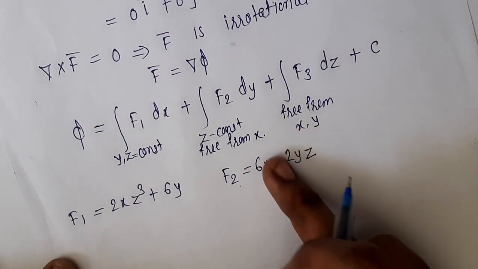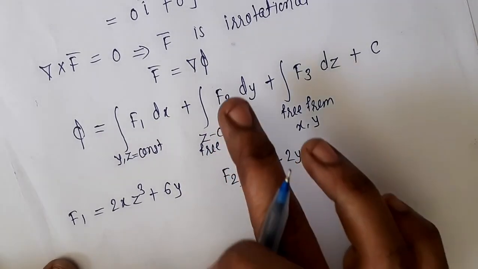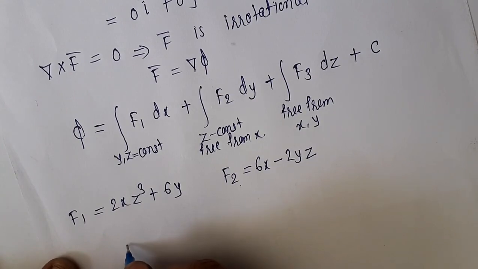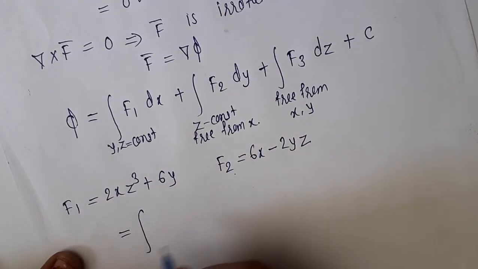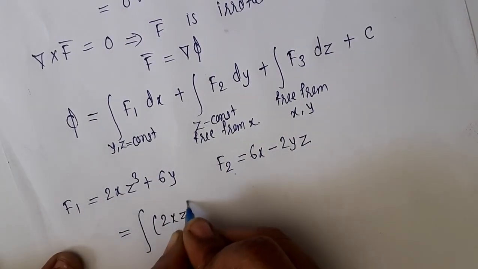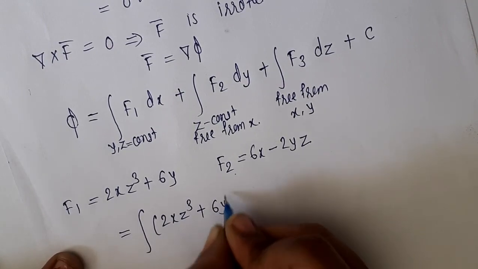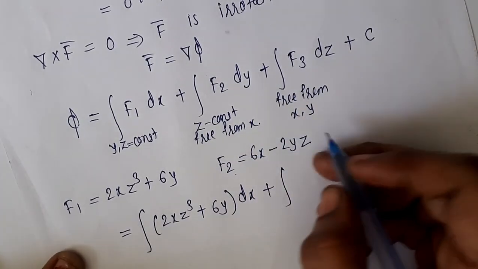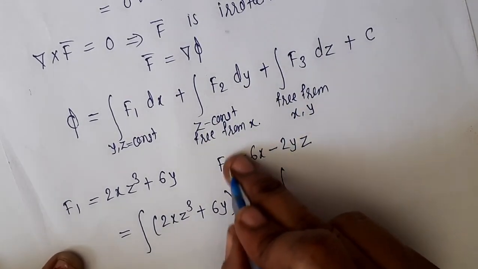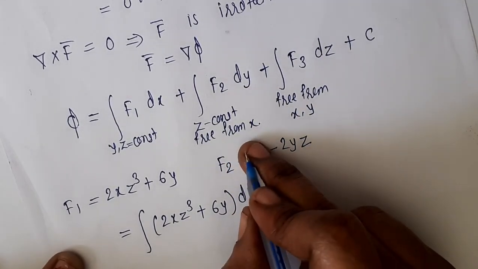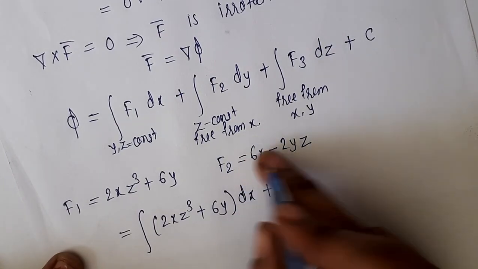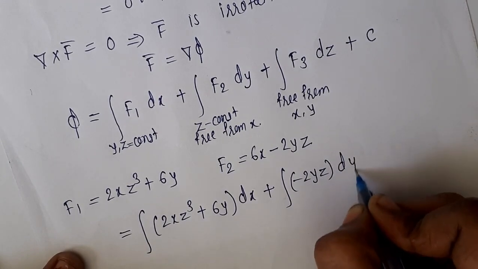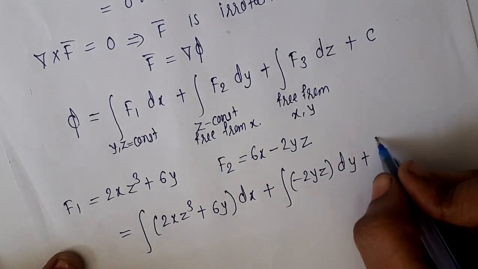Only we are interested in −2yz. So here we write the integration of (2xz³ + 6y) dx plus the integration of f2 dy, where we do not write 6x, we write only −2yz dy, plus the integration of f3 dz.